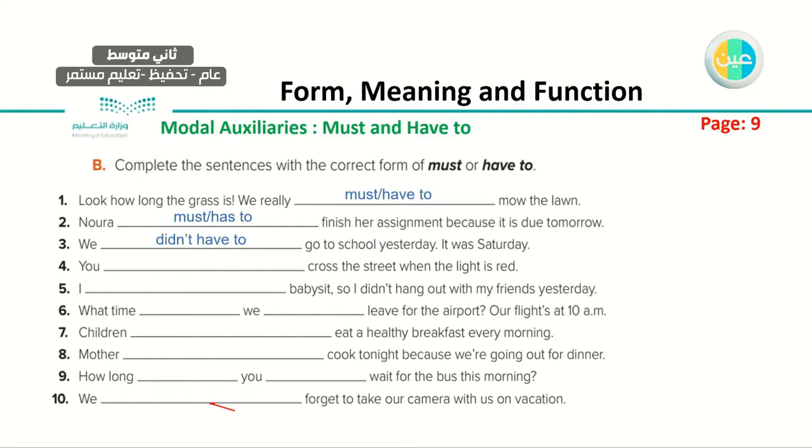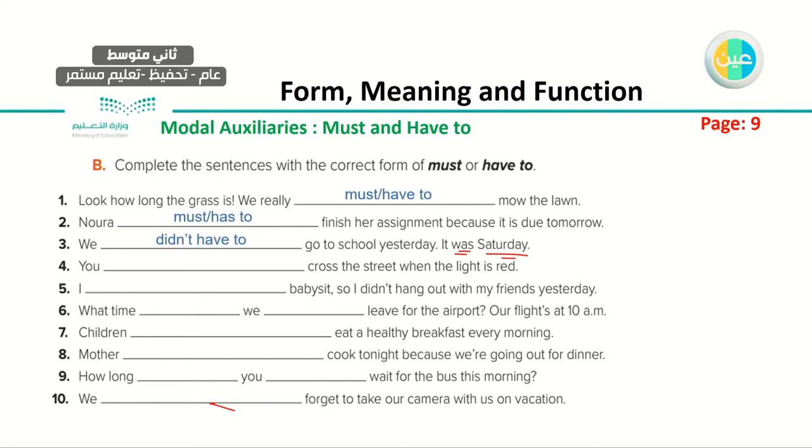We use didn't have to. Yeah, it's in the past form. We can't use mustn't in the past form. As we said in the last page, mustn't doesn't have a past form, so we have to use didn't have to as we have here.